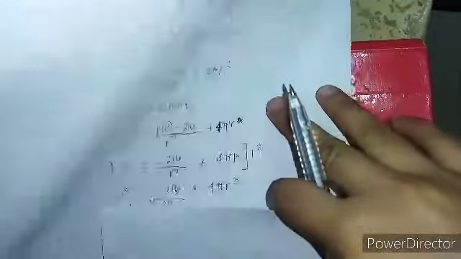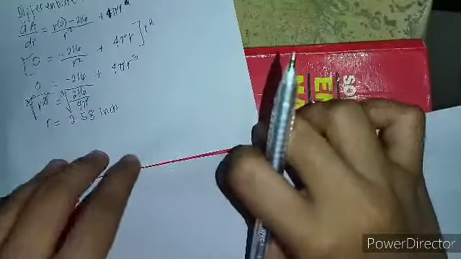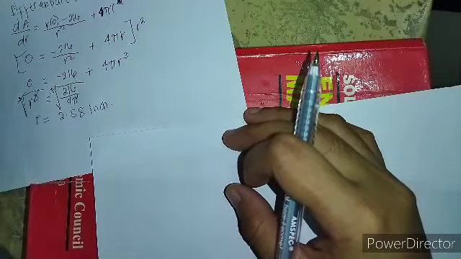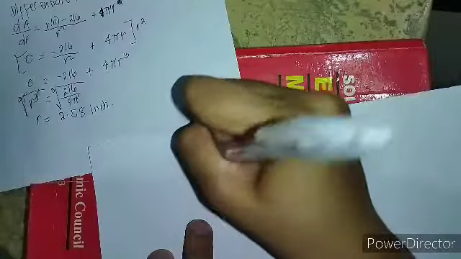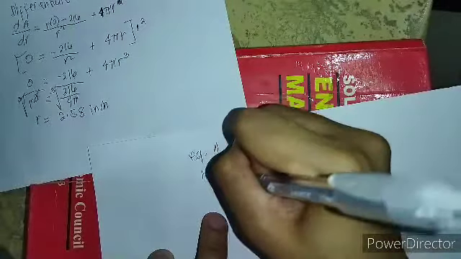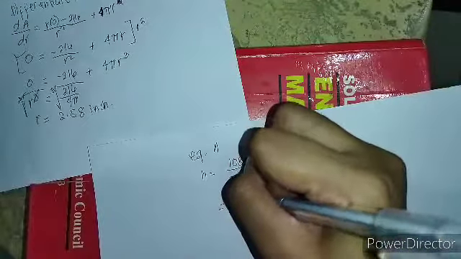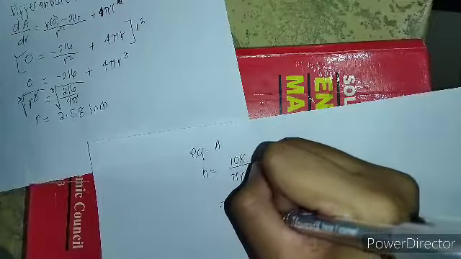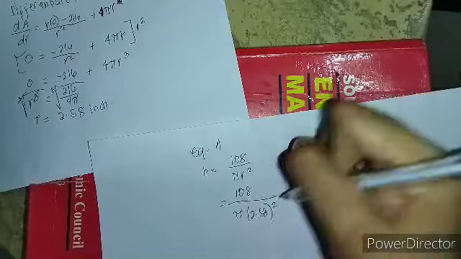Since we have now the value for our r, we can get the value for our h. So in the given equation 1, we have h is equal to 108 over pi r squared, and we have now the value for our r, which is 2.58 squared.